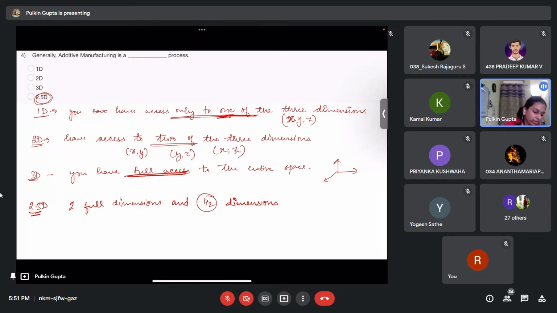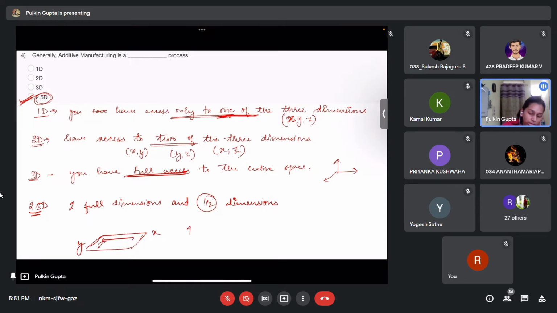Additive manufacturing is actually a 2.5D process and not a 3D process. Why? Because there you can traverse any length across X and Y. So this is the printer bed, suppose. You can go any length along X or Y.